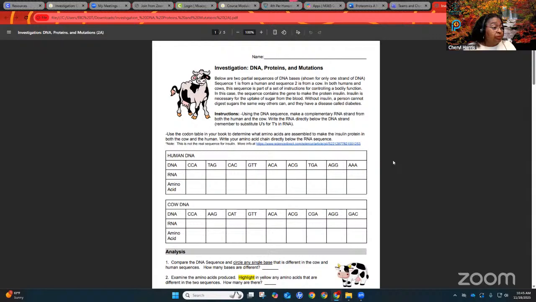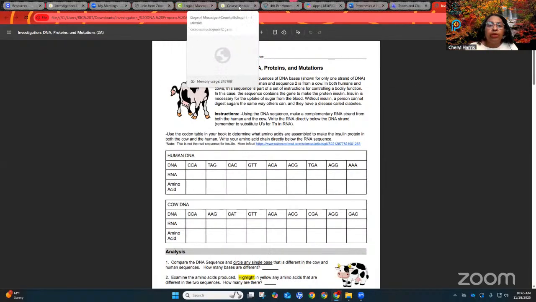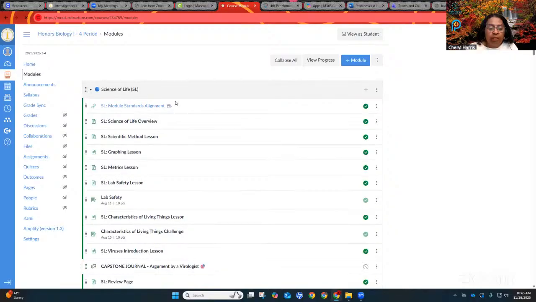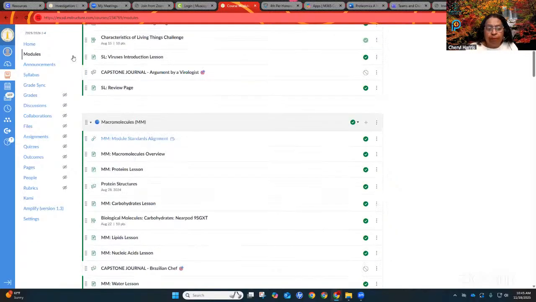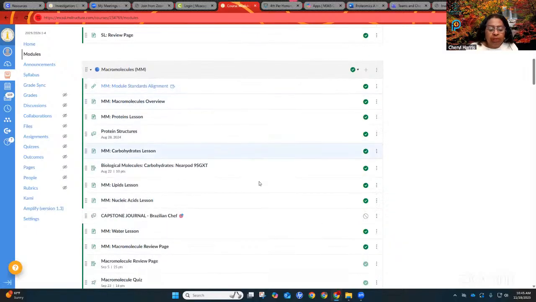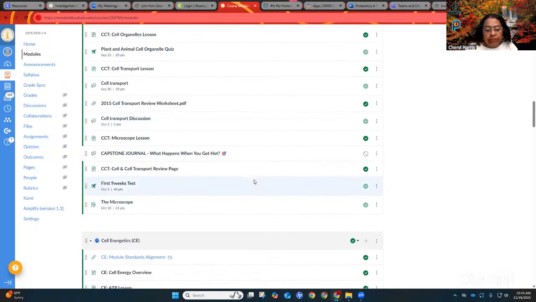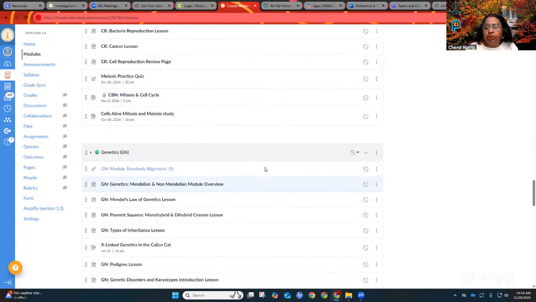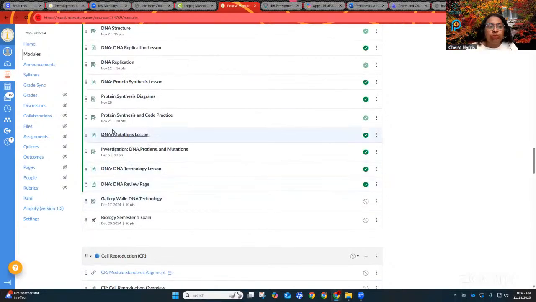I question. I can't find the worksheet. Is it in the to-do list? It's on the to-do list, and it should also be in the module. You might have to refresh because I think I just transferred it over there. I thought I had it loaded already. Refresh your page if you don't have it. It should be in the module right after the gene mutation lesson, the lesson we were just on.